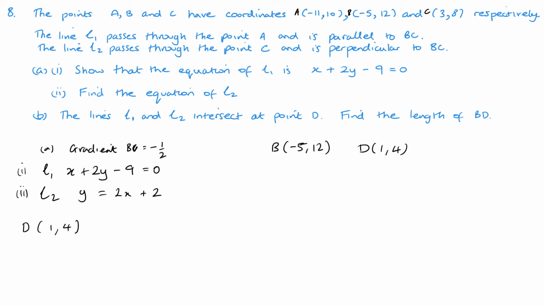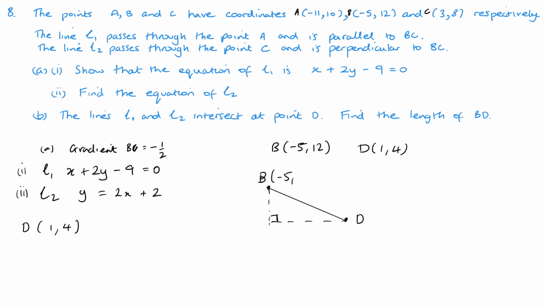And this is effectively just like Pythagoras, isn't it? You know, B could be, if I just put a rough position for it, say B is here. And then D would be somewhere like that. And it's just a diagonal line. That's better.